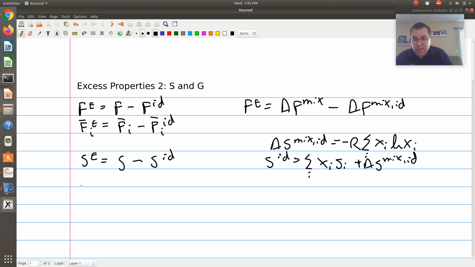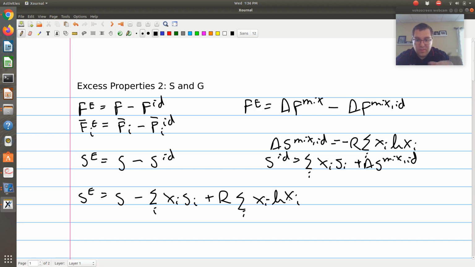So if I come back here then, for S^E, it'd be S minus sum over i, x_i S_i, minus delta S of mixing ideal, which would be a plus R sum over i, x_i log x_i.